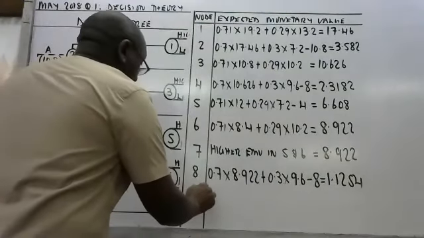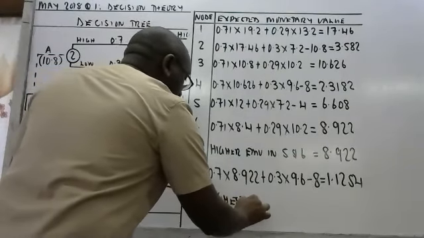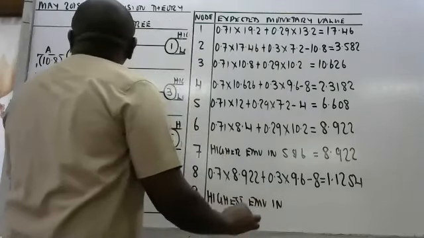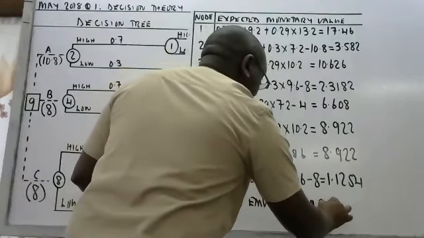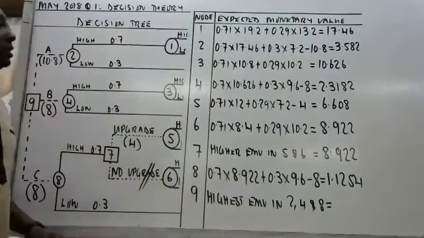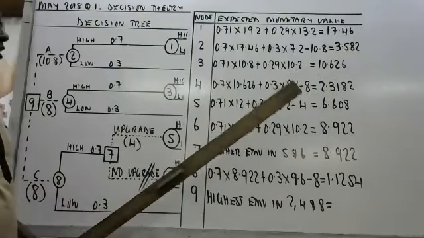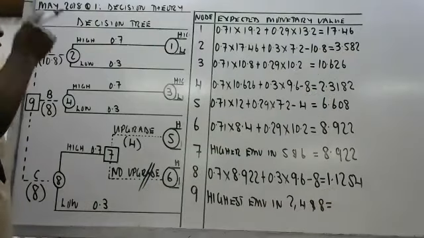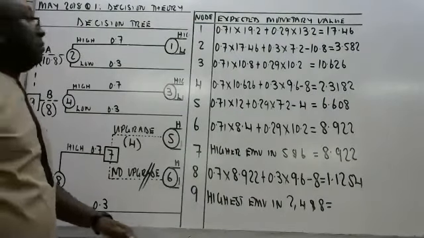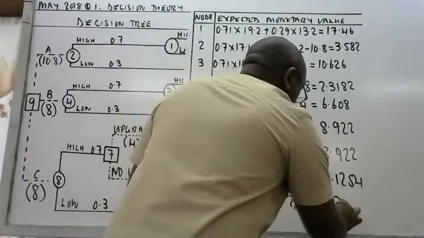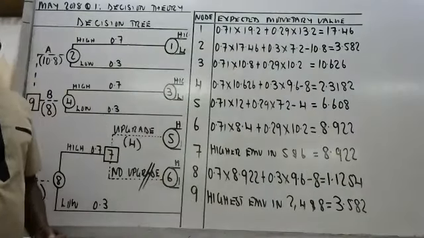And because there are 3, we will be looking for the highest EMV in 2, 4, and 8. So 2 has 3.5, 4 has 2.3, 8 has 1.1. So the highest is 3.582.